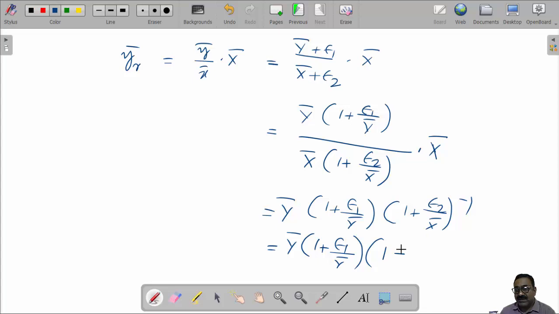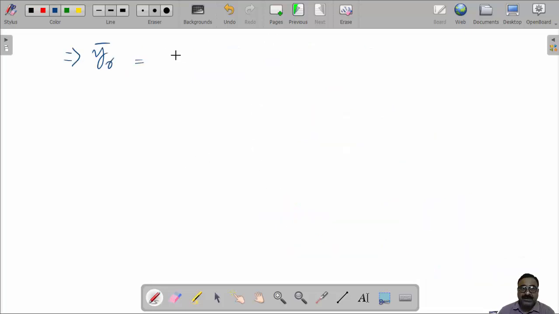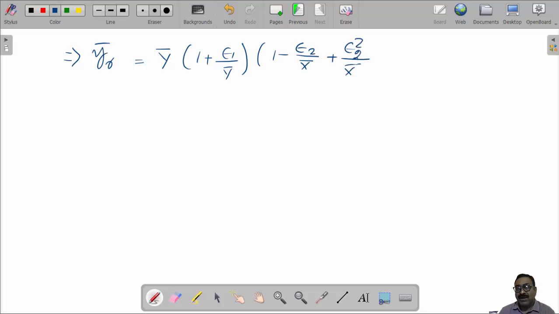Now using Taylor series expansion, we can get 1 minus epsilon 2 by X̄ plus epsilon 2 square by X̄ square minus up to higher terms. So ȳ_R equal to Ȳ into 1 plus epsilon 1 by Ȳ into 1 minus epsilon 2 by X̄ plus epsilon 2 square by X̄ square, neglecting the higher terms.